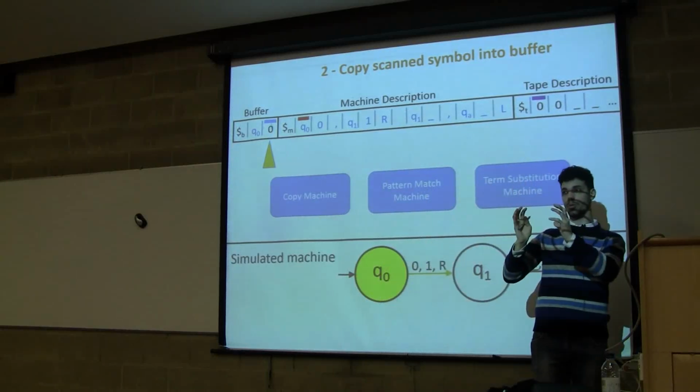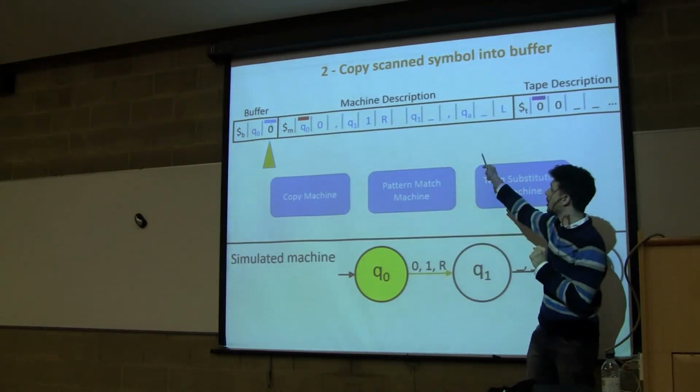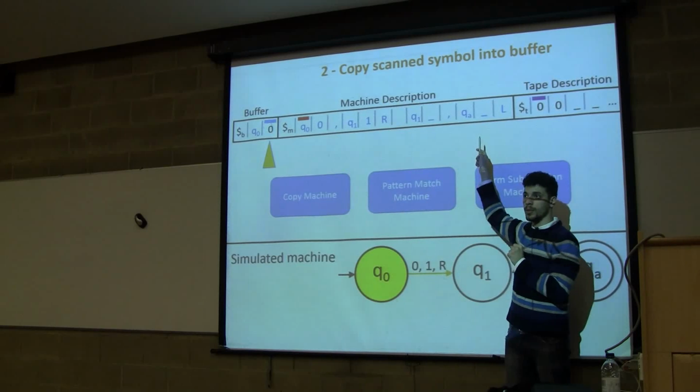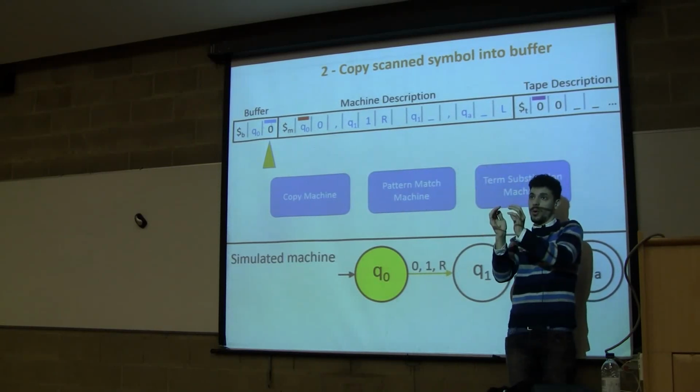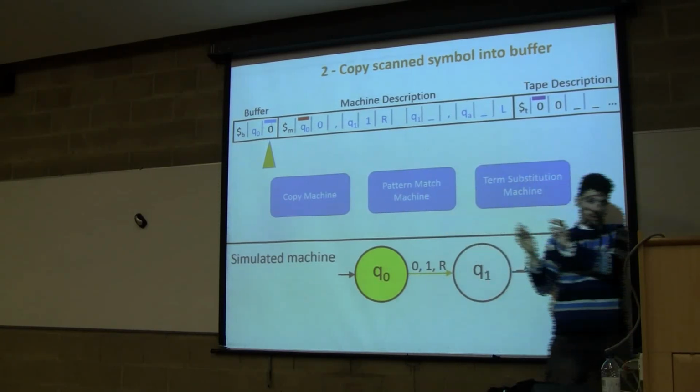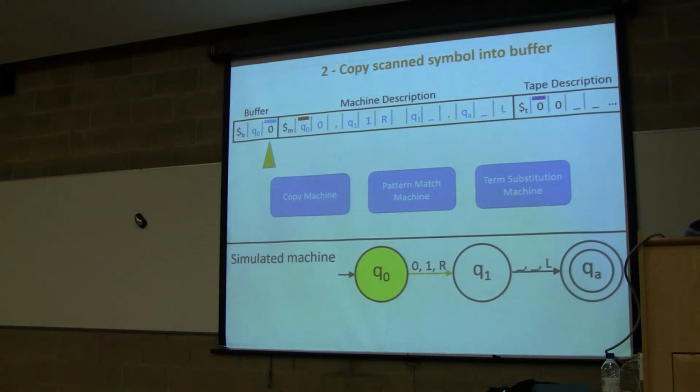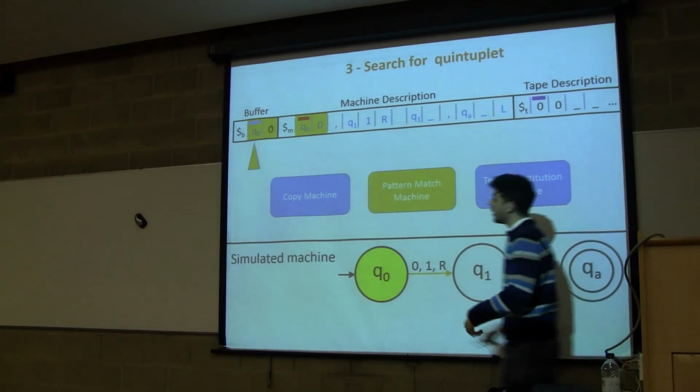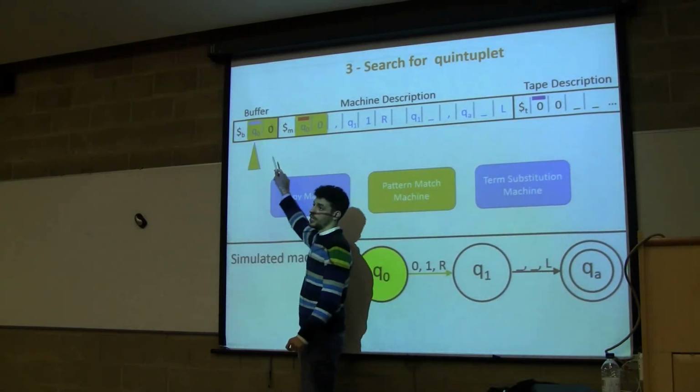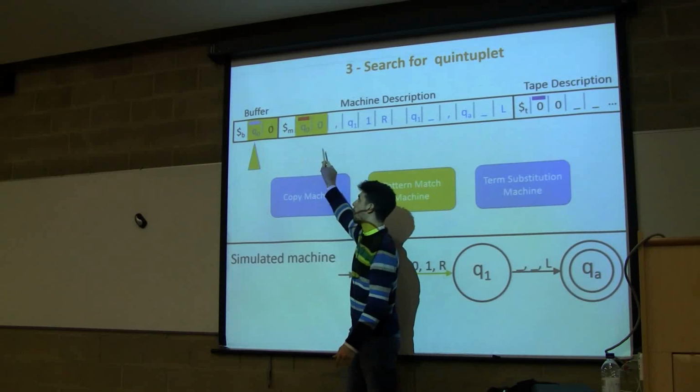So what it needs to do is to search in the machine description what to do when you have a Q0 and a 0. So now there's a pattern match machine activating. You search for a quintuplet. And in this case, the pattern match machine says, yes, I found a match.